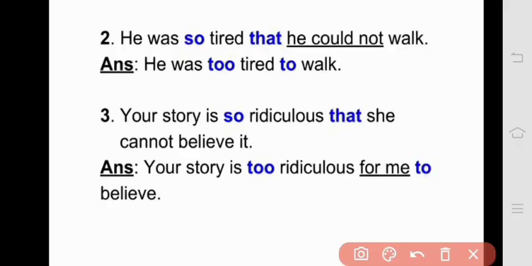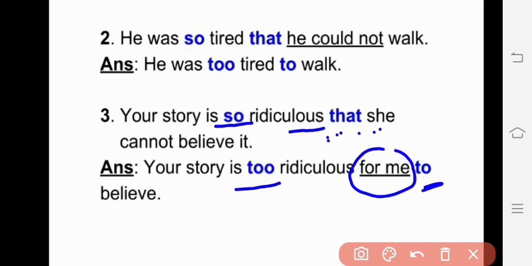Now we go for the last example of this chapter: your story is so ridiculous that she cannot believe it. So the same structure we have to use. Remove so, then in place of that add too, remove that, and in place of that apply to. Here, your story is too ridiculous for me. If you want to apply for me, for us, you may; otherwise it is omitted.